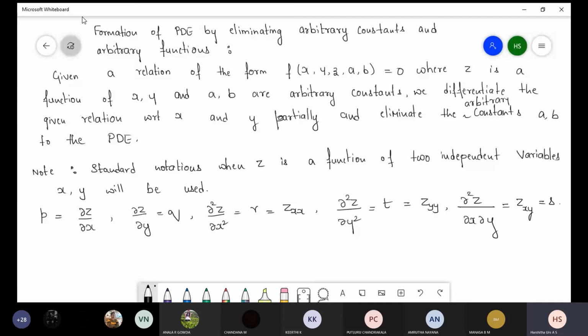These are the notations throughout the module we are going to use. See here, there is a gap between r and t, because after r, for double time partial differentiation with respect to y, we have to denote it by t.